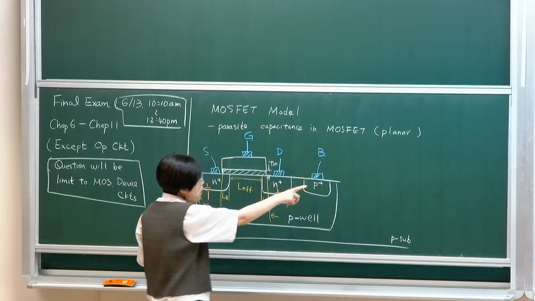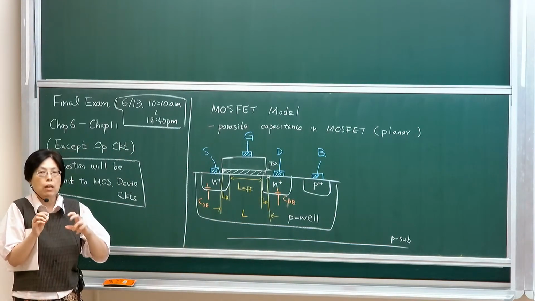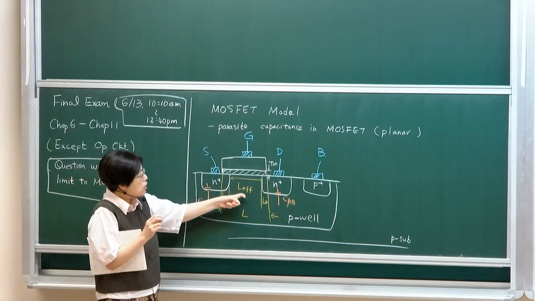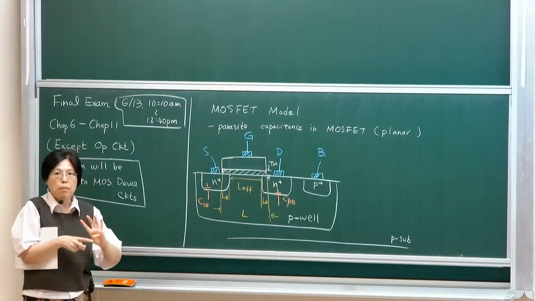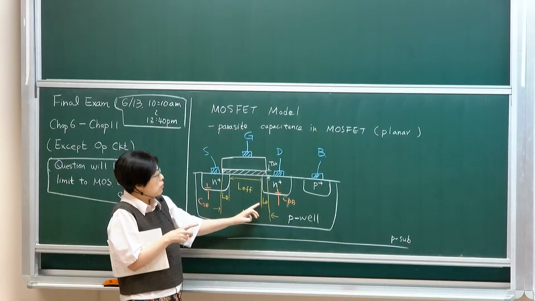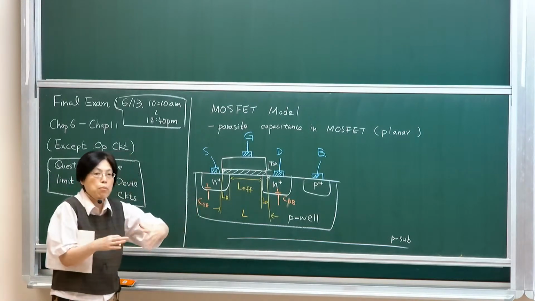So to correspond to a layout to get more precise simulation results, typically what we need is, in addition to the process parameters, junction capacitance, L and diffusion length, those are process parameters. And you also need layout parameters.